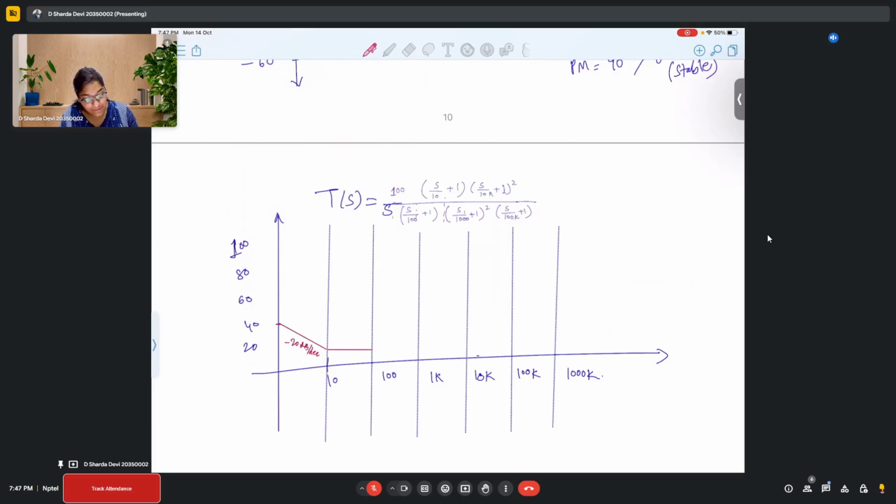So this becomes minus 20 dB per decade. Now when you reach 1K, you have two poles. It becomes minus 40 dB per decade.